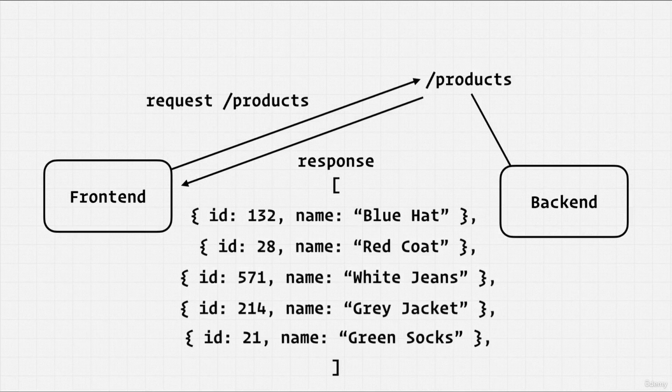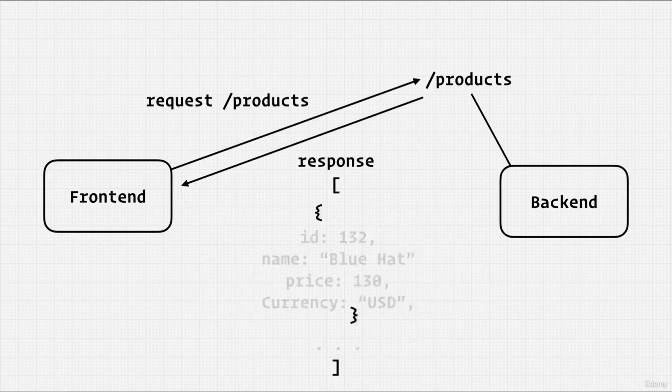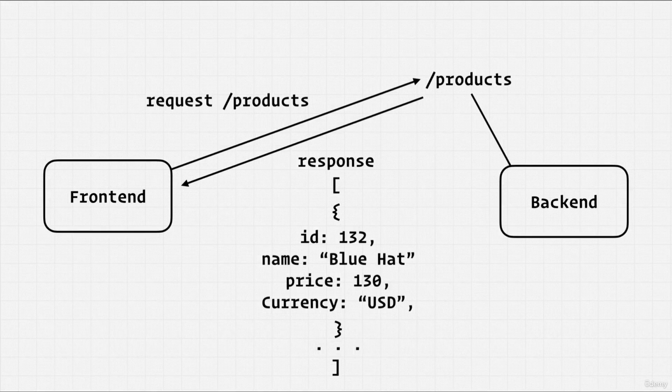These products will usually come in the format that the backend has them stored in. So if there is an ID, if there is a name, then we'll get all of those properties. Now, if there's more, such as a price and a currency, then we still will get all of those fields. The backend stores the data. Generally speaking, when it sends back the response, it sends back whatever data the backend wants to send back.